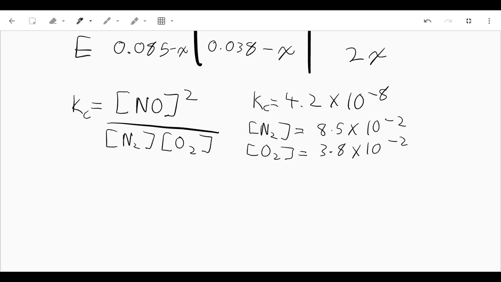Don't worry so much about these numbers. Worry about the exponents over here, right? We have negative 8, and both of these are negative 2.